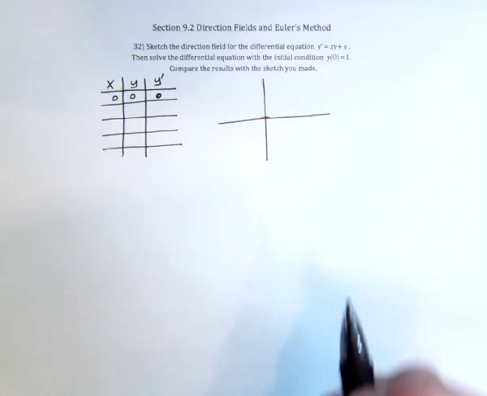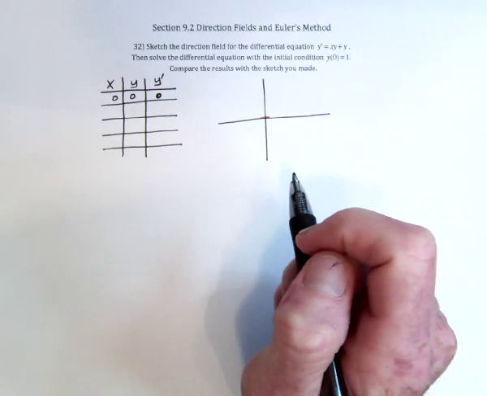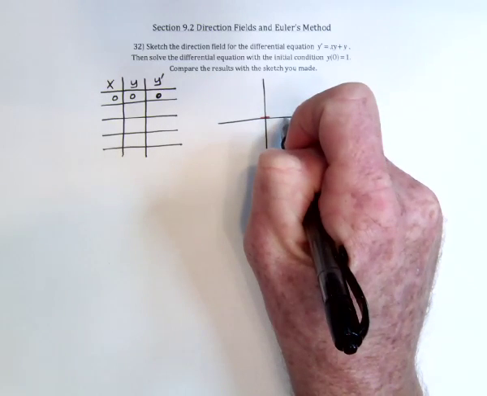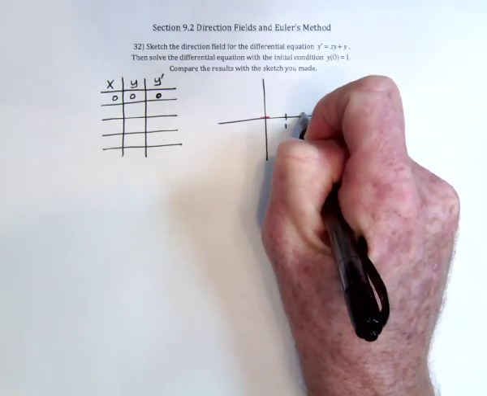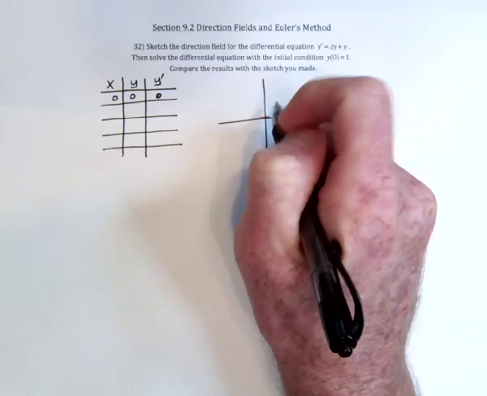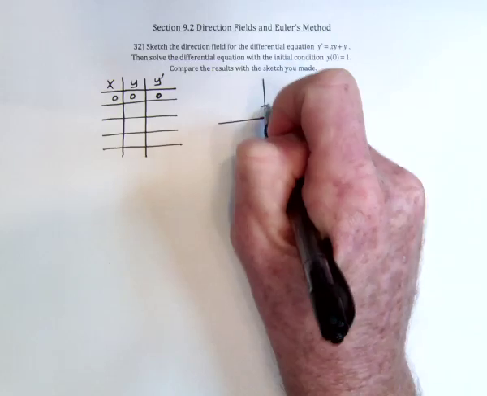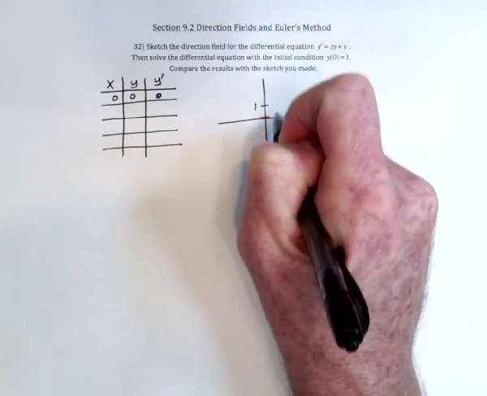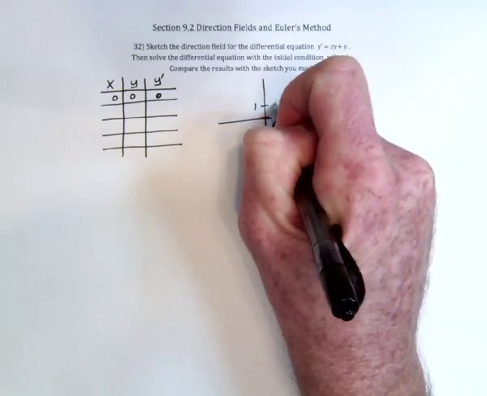And next pick something, well, what if we moved over a little bit? What if we went over to a half and maybe up by 1 or so? So there's a half right there. What happens at that point?